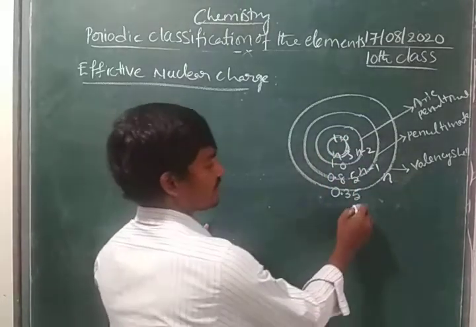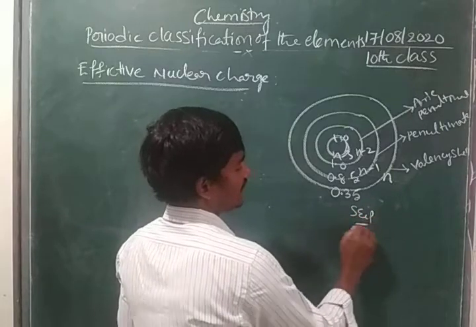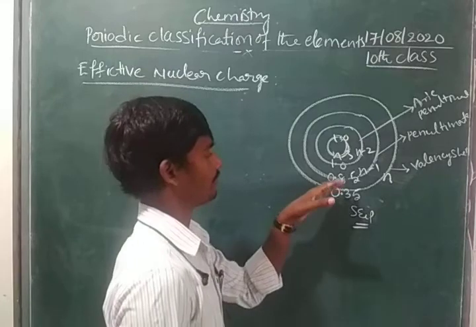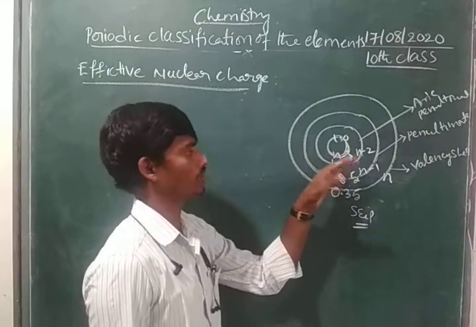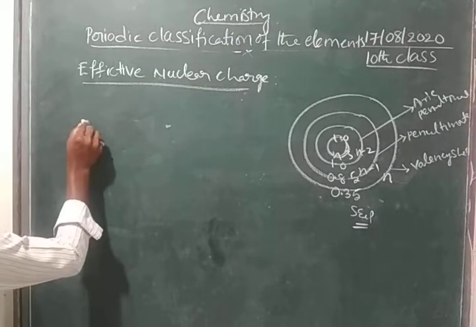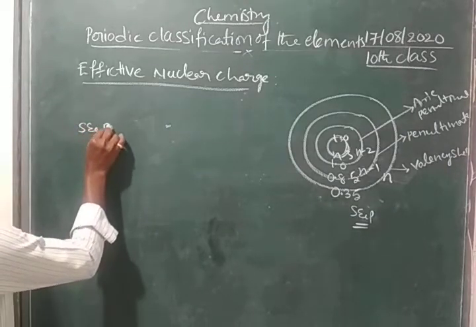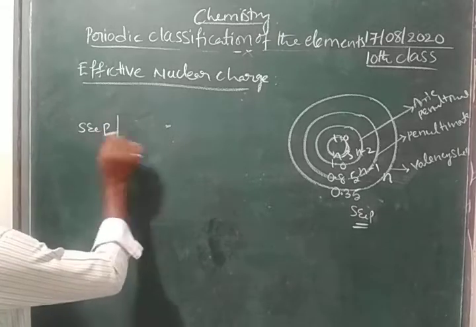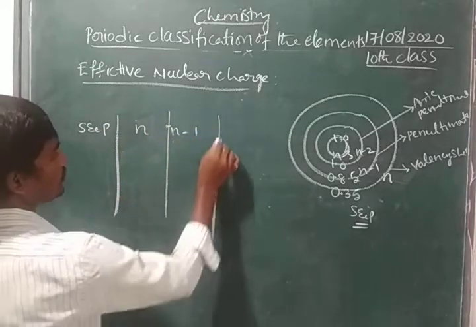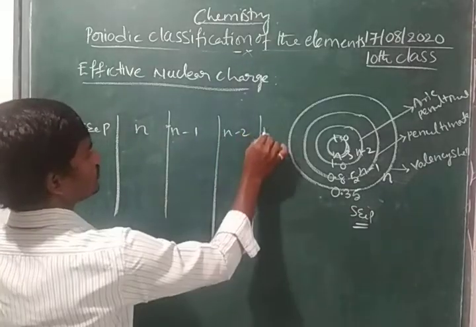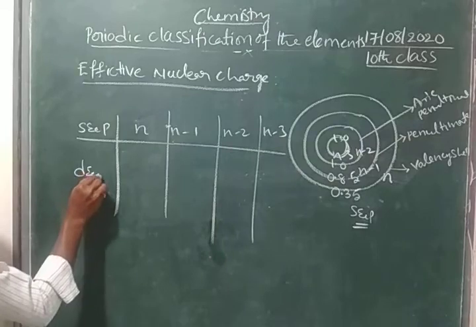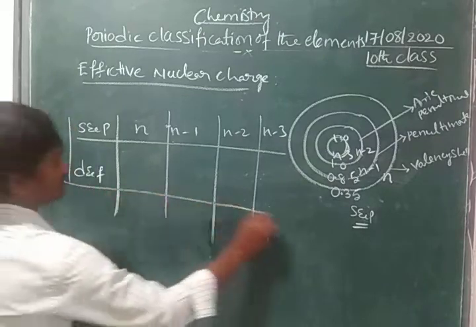For s and p orbitals, 0.35, 0.85, then 1.0 and 1.0. That means I will show it in tabular form, children. Here for s and p orbitals, n value, n minus 1 value, n minus 2 value, n minus 3 value. And for d and f orbitals.